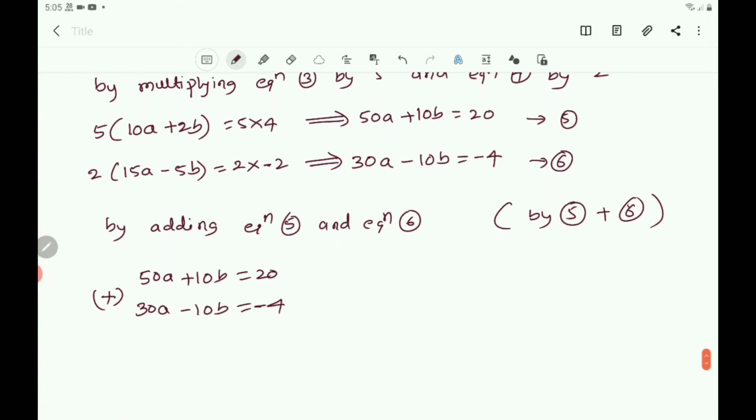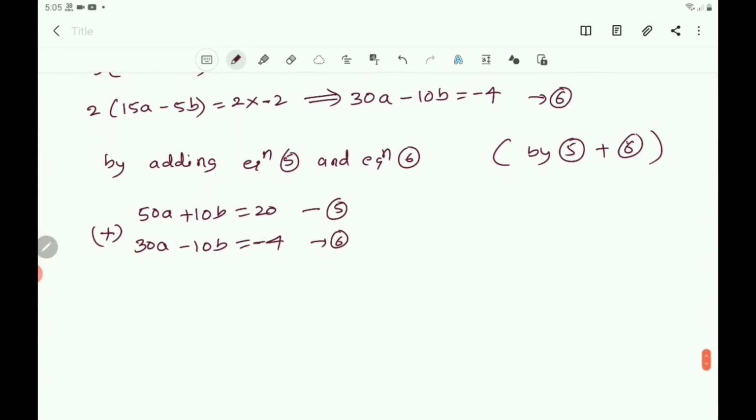Now you write the fifth one, 50a plus 10b, plus 30a minus 10b equals 20 plus minus 4, which means 20 minus 4.